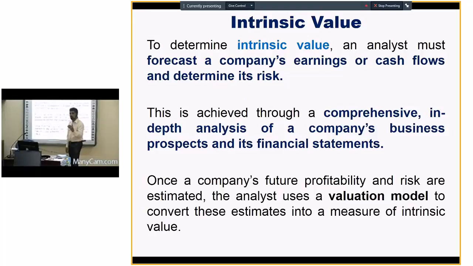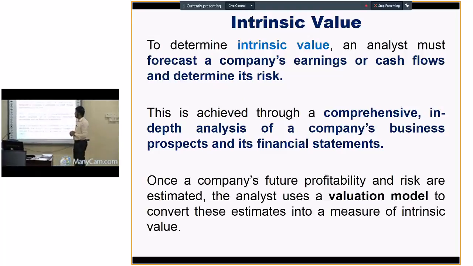Now after purchasing a share, we can expect dividend flows and terminal cash flows, right? There are a number of cash flows. Then we can get the present value, and we can use some mathematical model for getting the intrinsic value or the fundamental value.